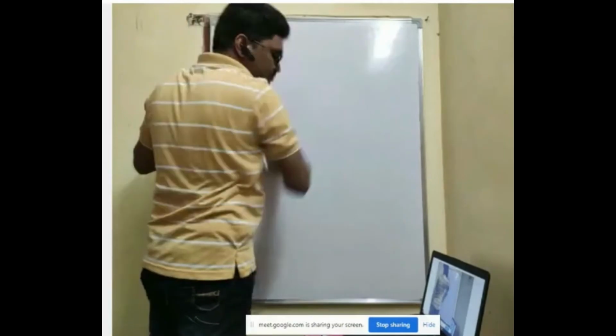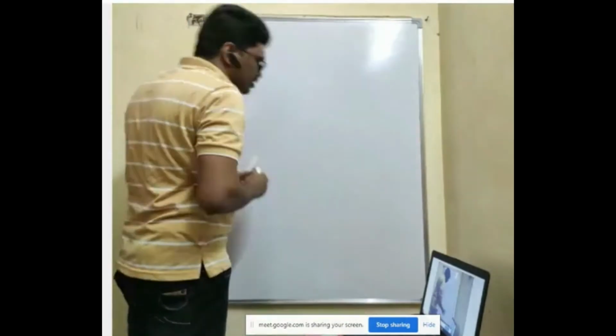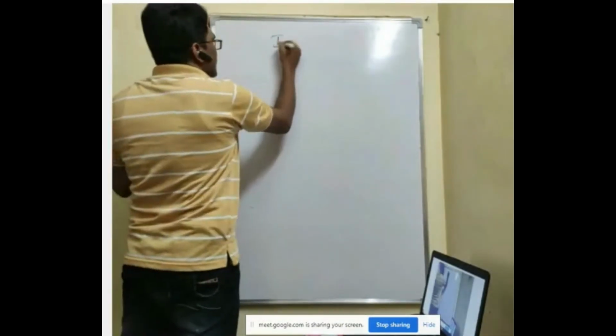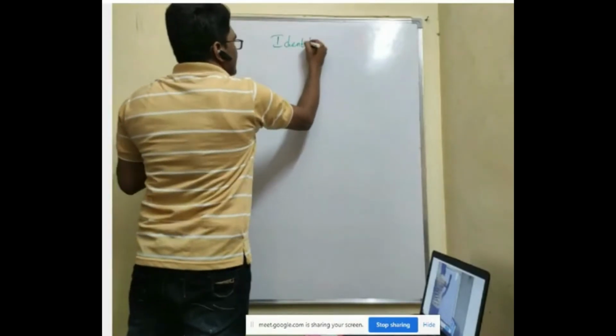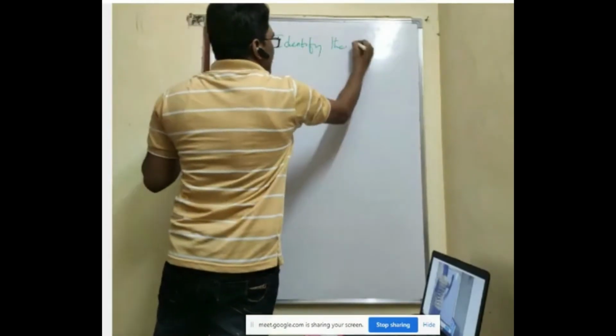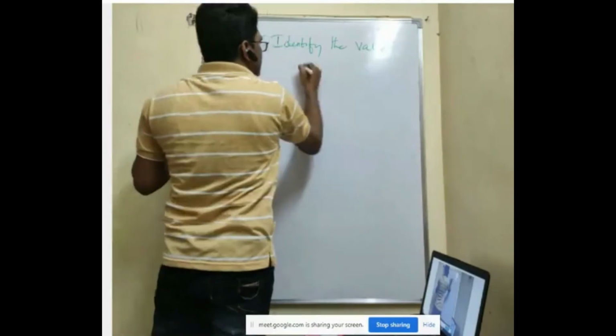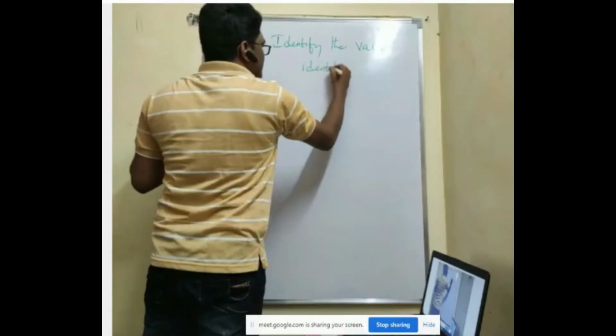So here, you'll be getting one question. They'll ask you to identify the valid identifiers.